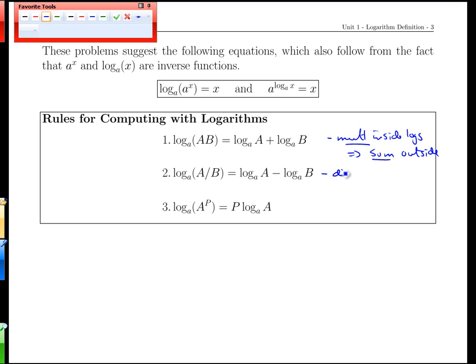And of course, if multiplying turns into addition, division will turn into subtraction. And last but not least, if you think of repeating the multiplication rule over and over again, say we had log of a times a times a, or a cubed, we'd end up with 3 times log of a, and we can encapsulate that in even more general form with this power rule.